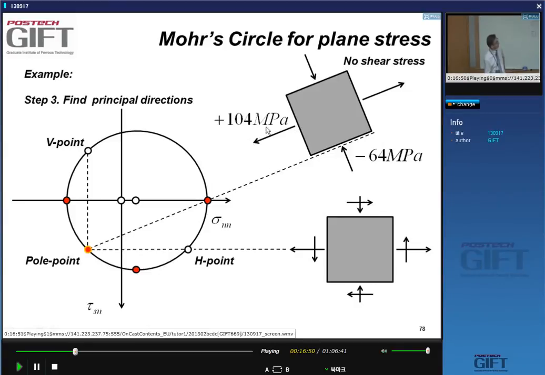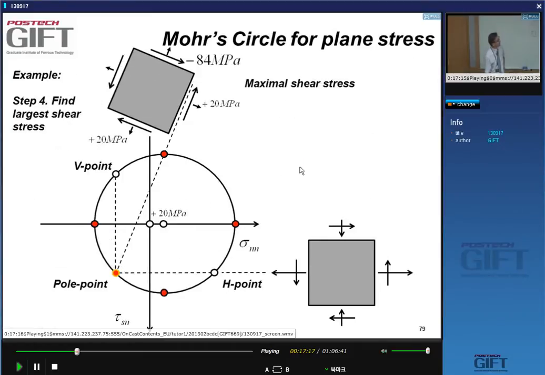And if you were to draw the Mohr circle for these conditions, you would find that these stresses are along the principal directions. I have principal directions.